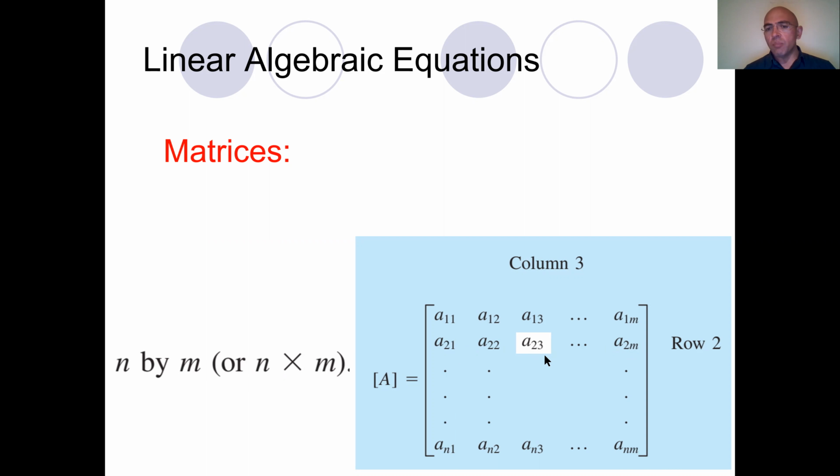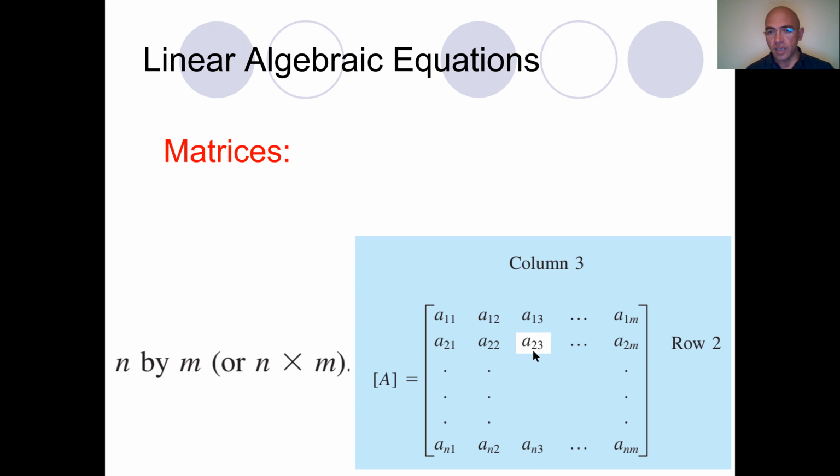How do we define a member of a matrix? For example, I want to define the member of a matrix which is in the second row and third column. So this is my second row and this is my third column, and then I look at the indices. The first index shows me the row number.